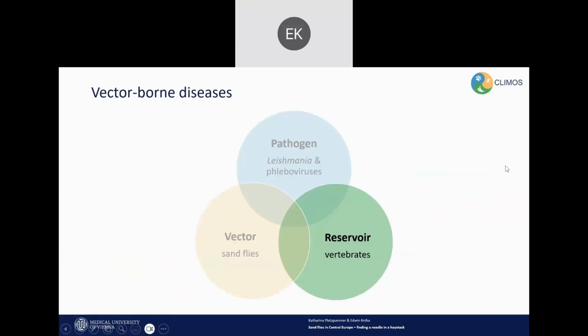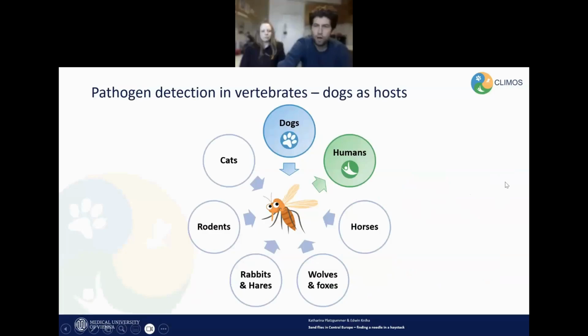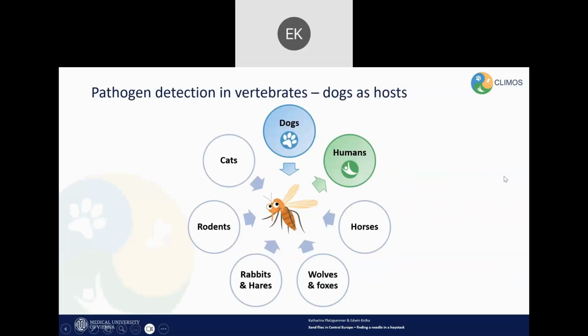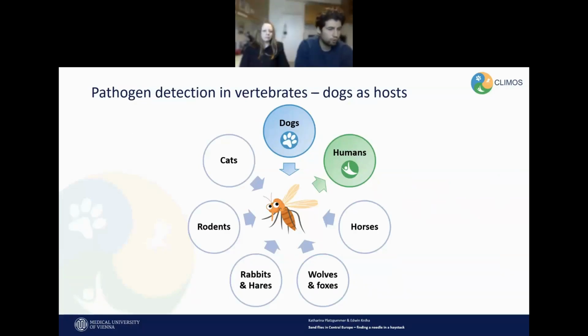Let's quickly look at the reservoirs. If we draw our attention to Europe and Mediterranean parts of Europe, the dogs are for sure the most important reservoir species, as Leishmania infantum, as said before, is the predominant species and mostly affecting dogs.